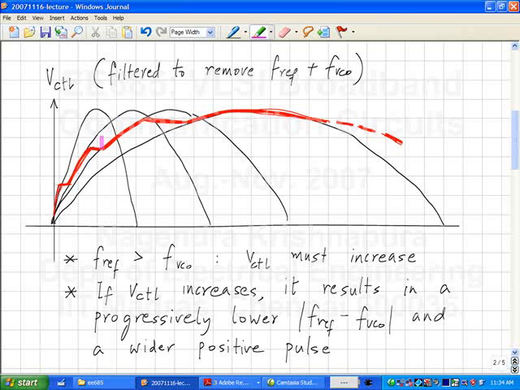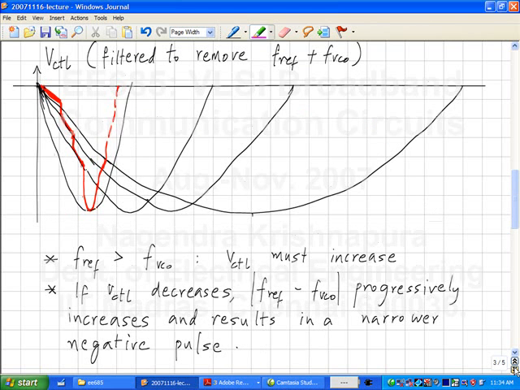Let's see what happens if it starts off decreasing. Let's say initially the difference frequency was this curve. So the control voltage follows that. Now as the control voltage reduces, the difference frequency increases because the VCO is being taken away from the input frequency.